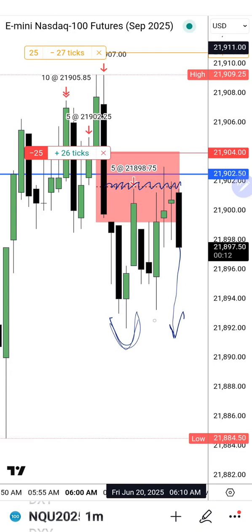And then when we have our market structure shift below these lows here, with this move down here, then we retrace back up into the sell side imbalance, buy side inefficiency highlighted here. And the bodies respect what?